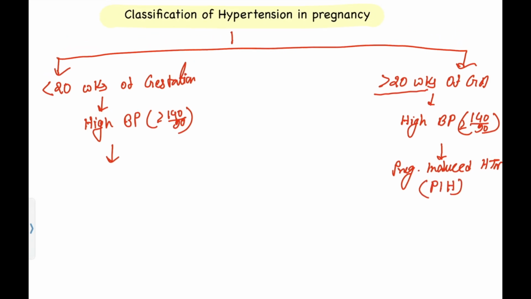Now, in the definition, I told you PIH means the mother was previously normotensive. Then after 20 weeks of gestation, the mother gives a history of high BP, and then it will be considered as PIH. If the mother has high BP before 20 weeks, will you call it PIH? No, this is not PIH. Remember, this is not PIH.